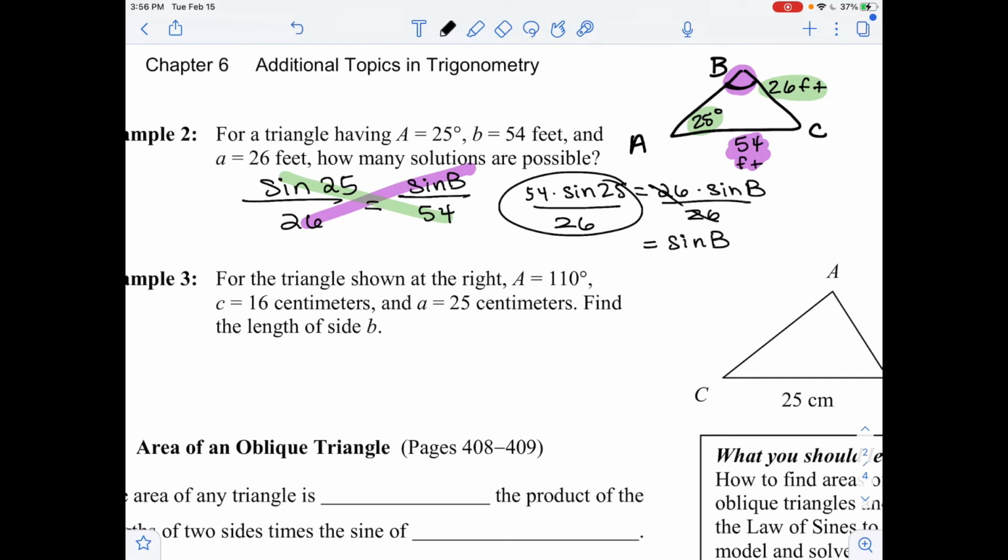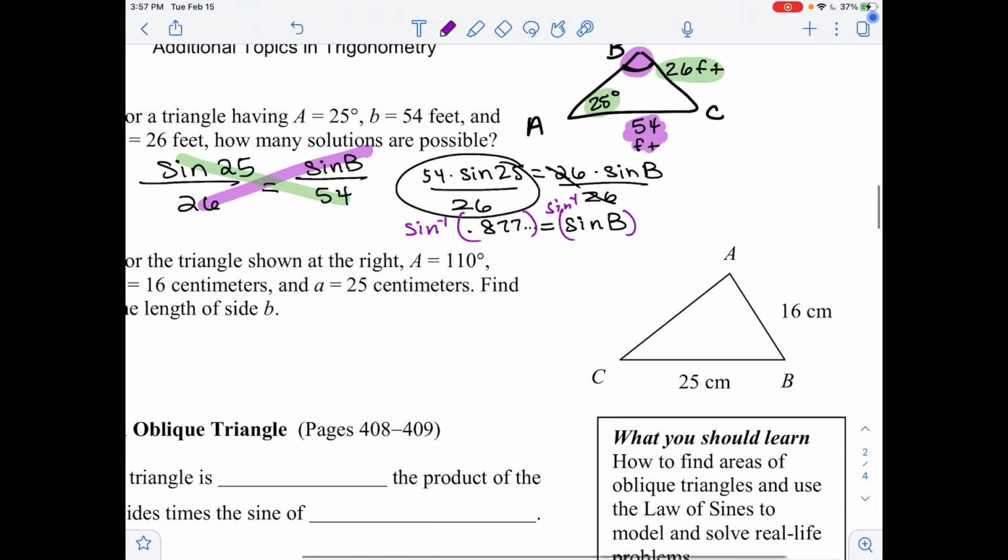When we put that into our calculator, 54 sine 25 all divided by 26, we get 0.877. In order to get the sine off of the angle, we're going to take the inverse sine on both sides.